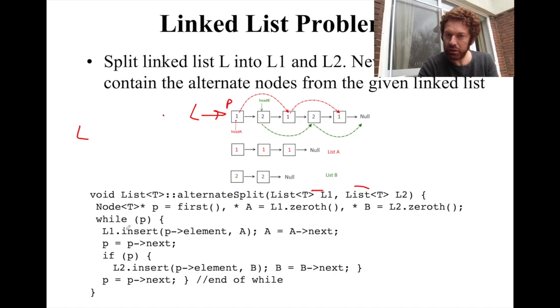Since P exists, I insert this P to L1, and be careful, A is responsible for L1 and B is responsible for L2. So insert number 1 after the 0th element. So initially L1 is like this, right? It always has this dummy pointer, the 0th element, and initially the first element is null, it is empty.